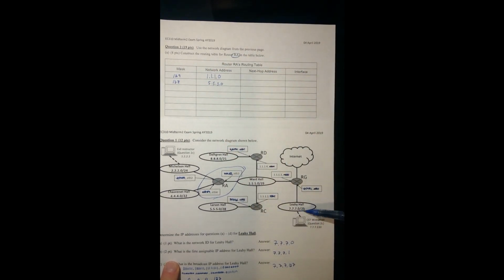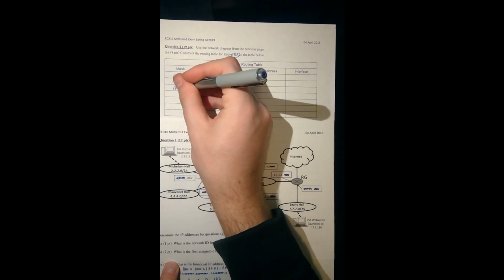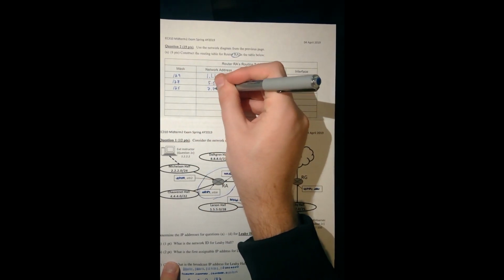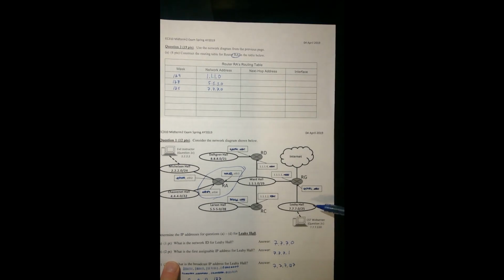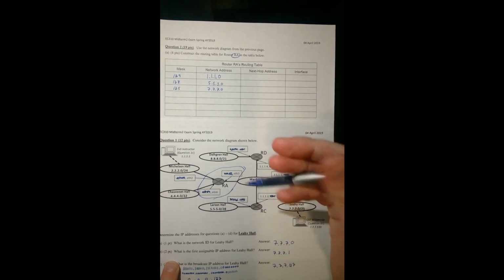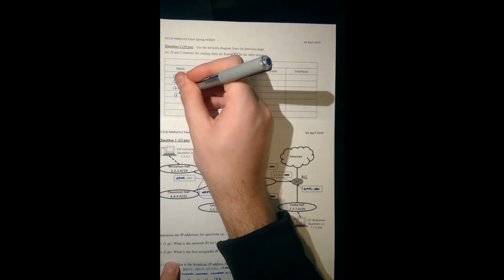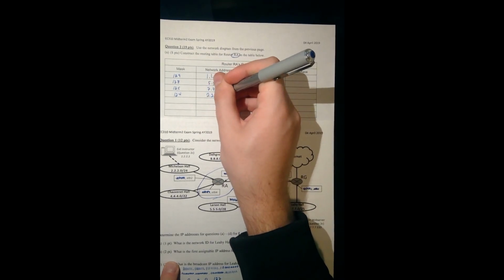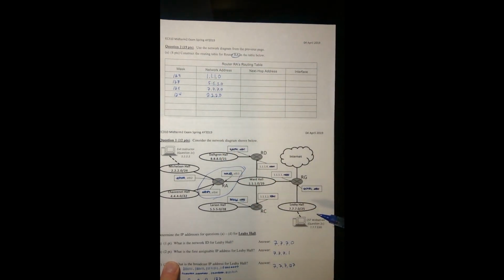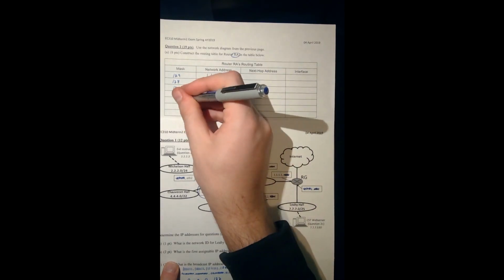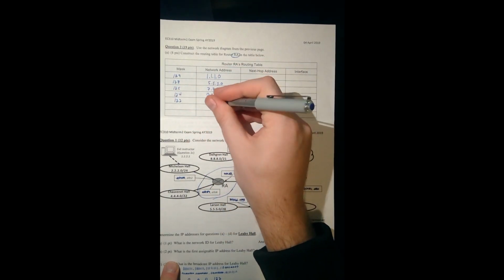Let's see, the next one is /25 and 7.7.7.0. Next up is /24 and 2.2.2.0. Next one is /22 and 4.4.4.0.